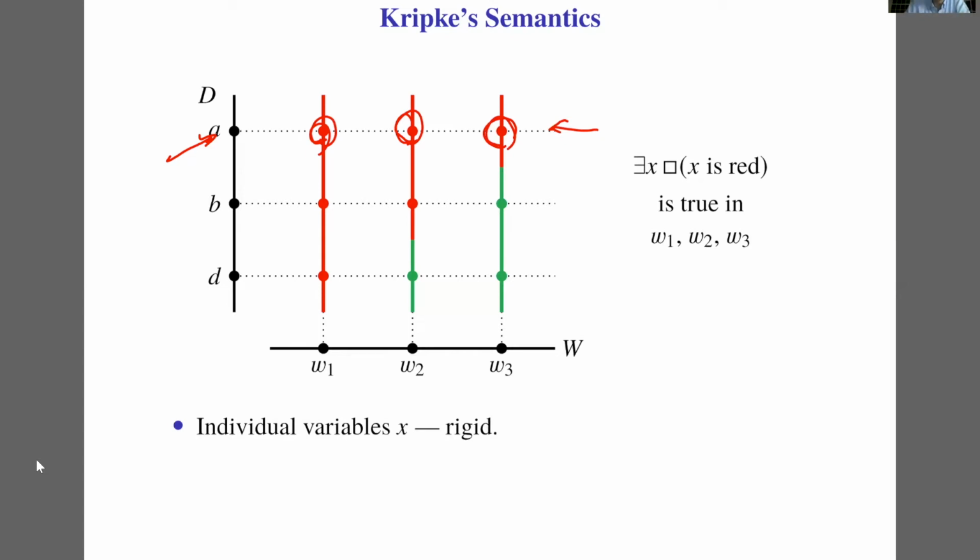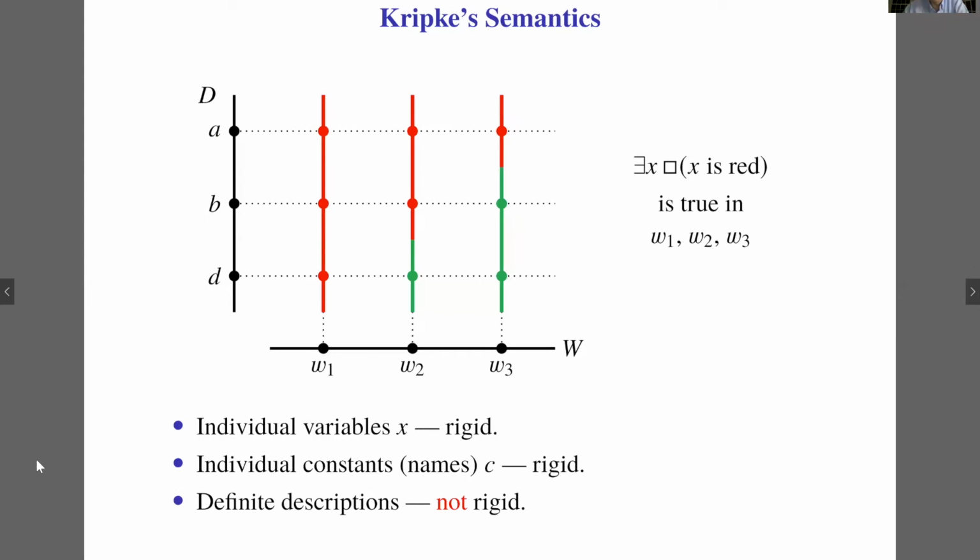Kripke also gives the argument that individual constants or names must be rigid designators too. So when you introduce a name like alpha, alpha is going to pick up one of the things from the domain. On the other hand, Kripke's point is that definite descriptions are not rigid.